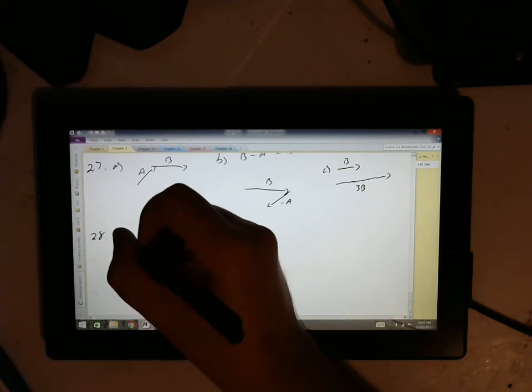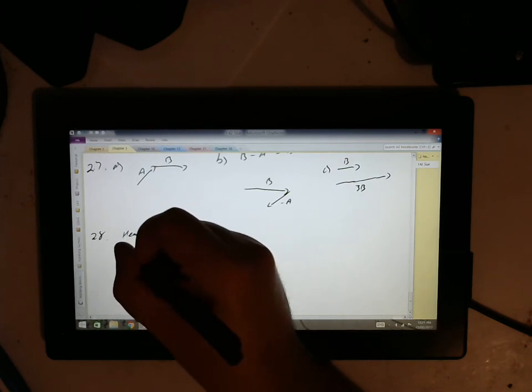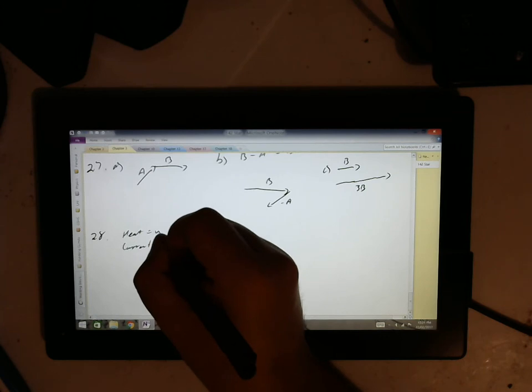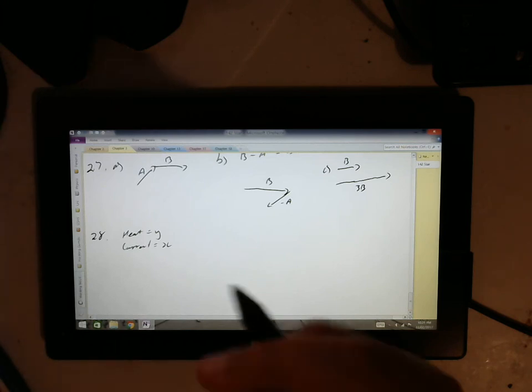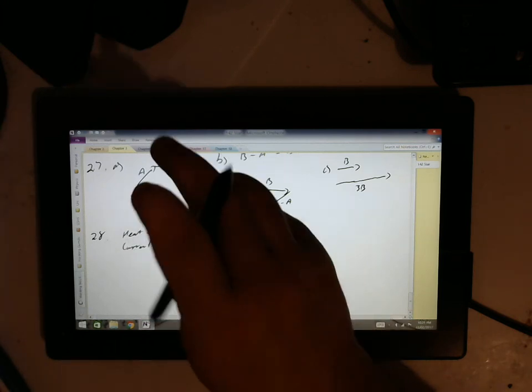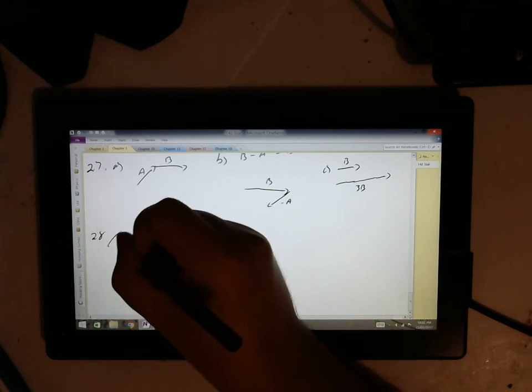I'll write that down: heat equals y, current equals x. Chuck it into your graphics calculator and see what the graph looks like. If it's a straight line, great, it's a linear relationship. The next bit is the same thing, we're going to be plotting it, so we don't need to worry about that. So 28 and 29 are not relevant to the current stuff we are worrying about.